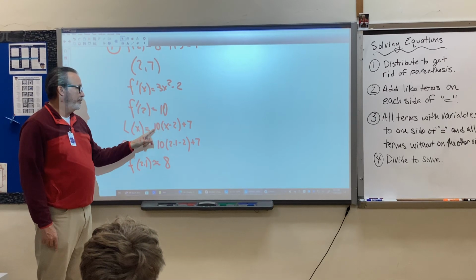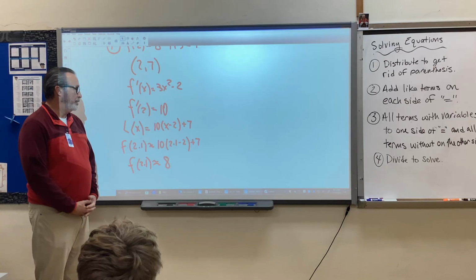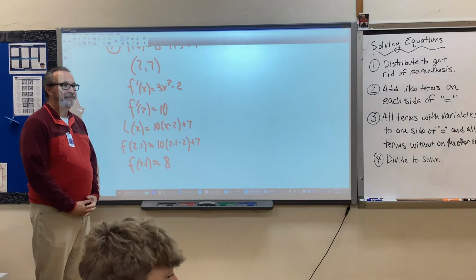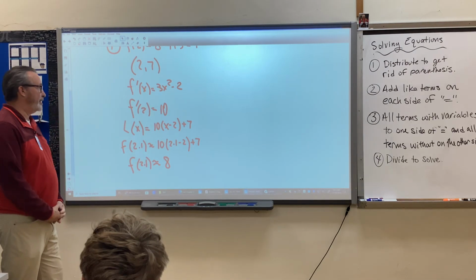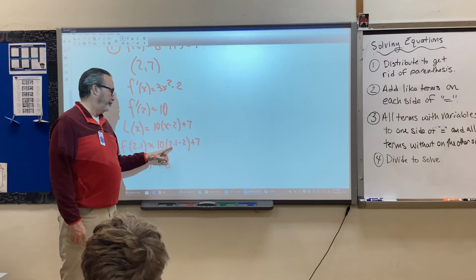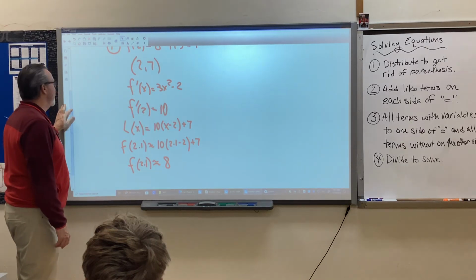If you distribute, then you have 10x minus 20. 10x is 21, minus 20 is 1, plus 7 is still 8. I think you should have gotten 8 still. But don't distribute, because 0.1 times 10 is easier than distributing some more stuff.